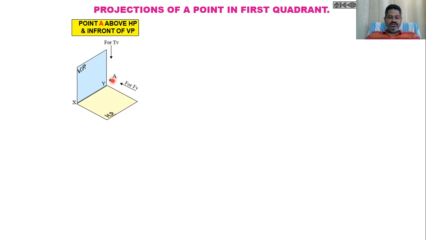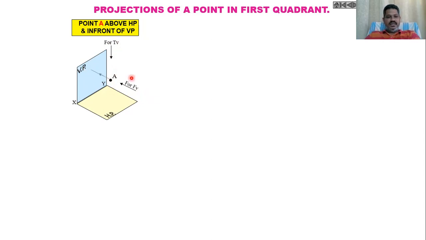When we observe this point from the top, the reference plane is the horizontal plane. When we see this point from the front, the reference plane is the vertical plane. That means the point is projected onto the vertical plane in the front view, and onto the horizontal plane in the top view, like this.